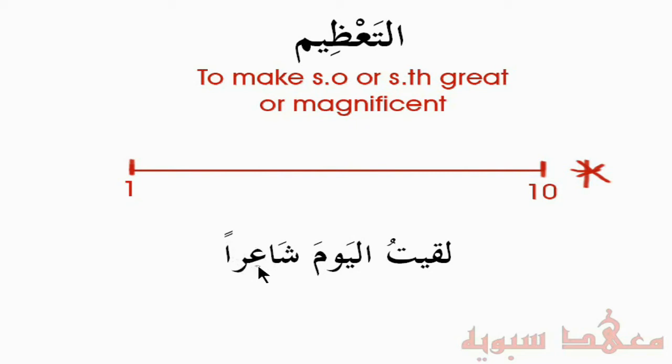So you can actually think of it as having the description, or the na'at, after it of aziman, which means great. So you can think of it as having that na'at but it not being there. And what would indicate this is the indefiniteness.